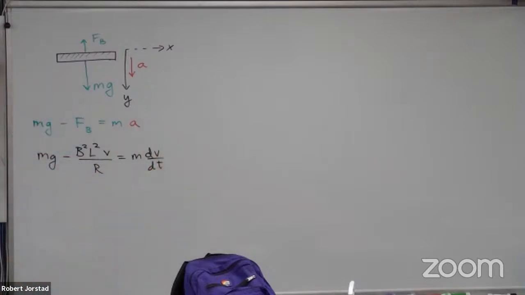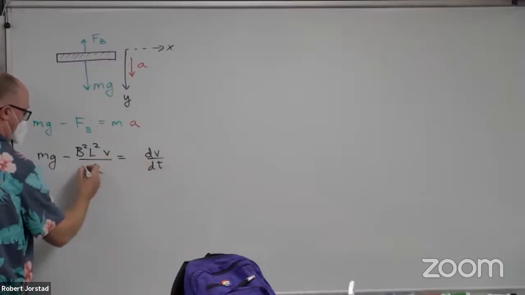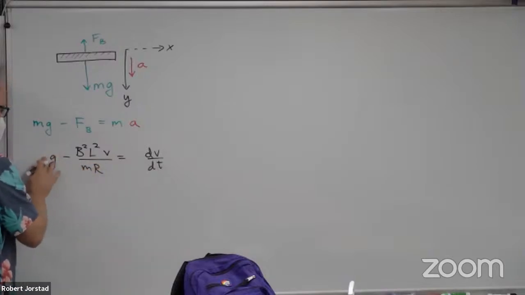Now what do I do? Separate and integrate. So let's do this. What's the first thing you might do? I'm going to divide by m. Right? Now, you could do this any way you want.